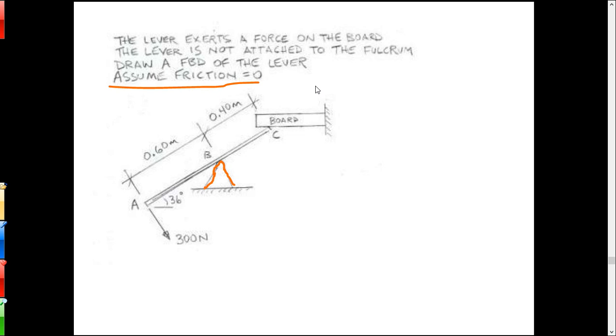All right, let's have a look. There we go. So we've got the 300 Newton pull. At B, the flat surface there is the bar. That's sitting on the fulcrum, so the force is normal to the bar. At C, the flat surface is the board, so the force pushes on the bar, normal to the board.